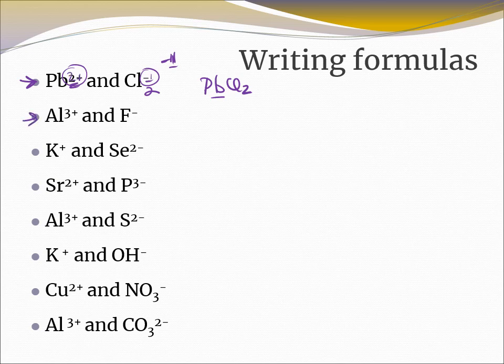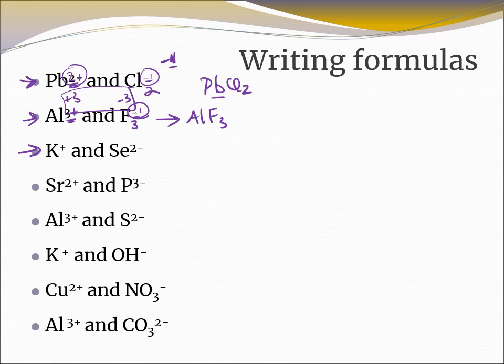Let's look at the next one, aluminum and fluoride. Aluminum has a charge of +3, fluoride is -1. To balance those out, I need 3 fluorines: 3 times -1 is -3, and the +3 balances out to 0. So our formula will be AlF3.